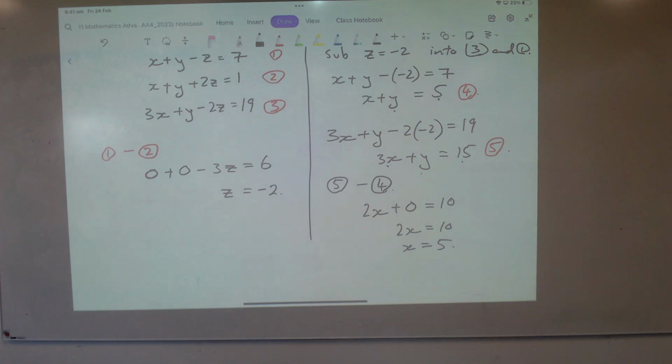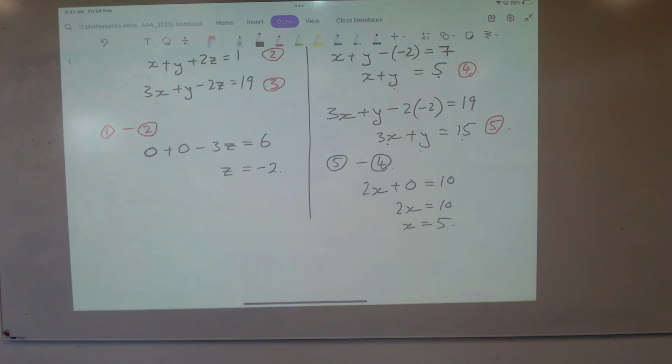We're almost finished. So now, I simply need to find y. Alright, so sub x equals 5 into, I'll say number 4, because that's going to be the easiest. 5 plus y equals 5, so y is equal to 0.